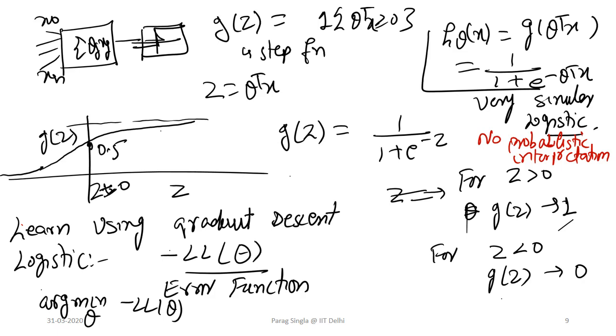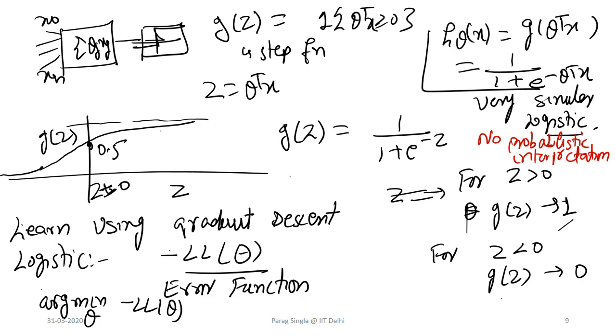There it was used for a different purpose, because we wanted to squish everything between 0 and 1. Here also it squishes everything between 0 and 1. But the interesting thing is, as we look at the shape of this function, for large values of theta transpose x, it quickly goes to 1.